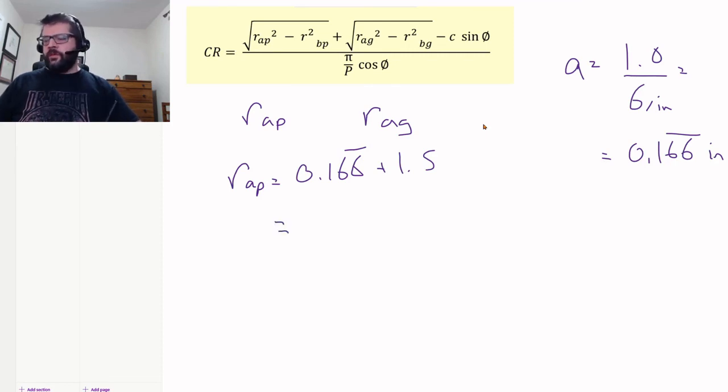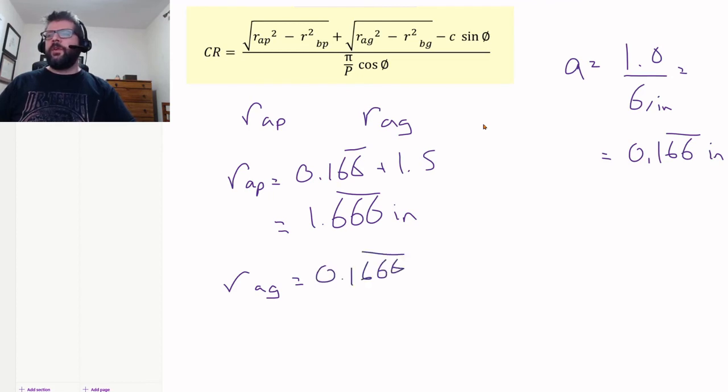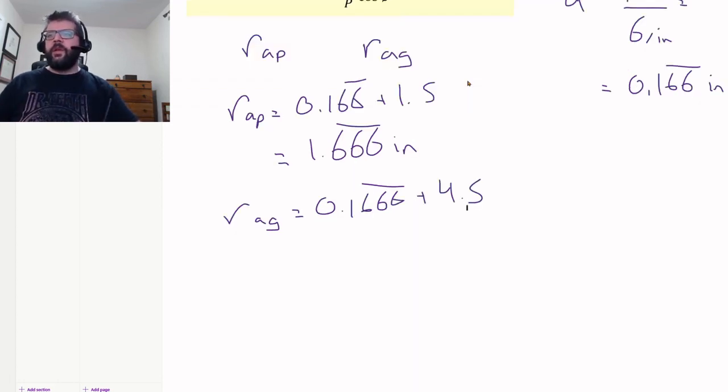So that'll be equal to 1.666 repeating inches. And then the radius of the addendum of the gear is equal to 0.1666 repeating plus 4.5. It's just the value that we just got plus another 3. So 4.6 repeating inches.